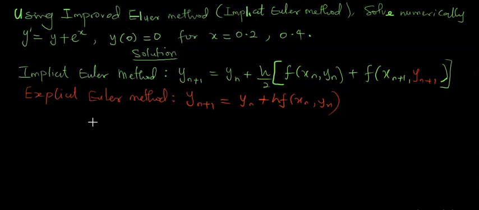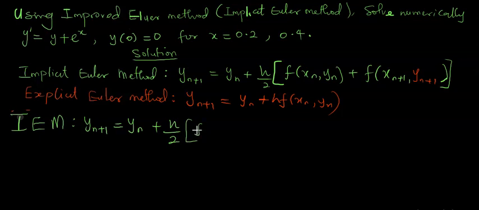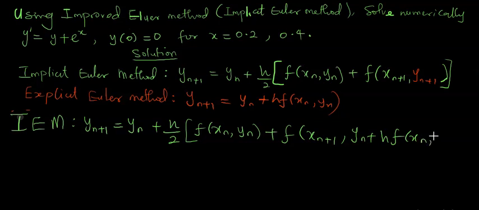So now, if you want to write this by simply substituting the red, which is the explicit, back into this one, you have the implicit Euler method becoming yn plus 1 equals yn plus h over 2 times f of xn, yn plus f of xn plus 1 comma yn plus h f of xn, yn.